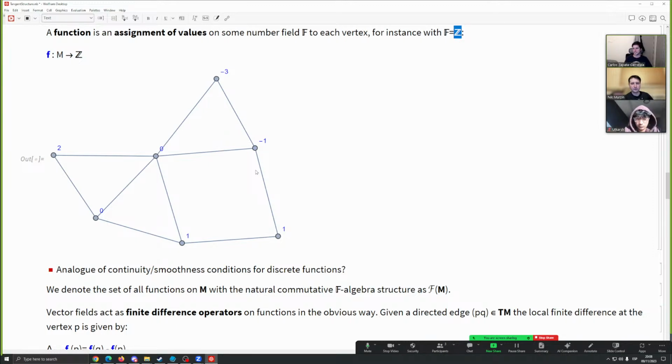And this is to Udi's comment that, if we are trying to develop this algebraic machinery from this discrete setting, it's clear that at the level of functions, which is our first primal example of a field or some kind of assignment, something to be considered smooth or continuous, we can't impose anything on functions alone, because functions under this definition are just scalar assignments to vertices. So mathematically, there's no structure on just that.